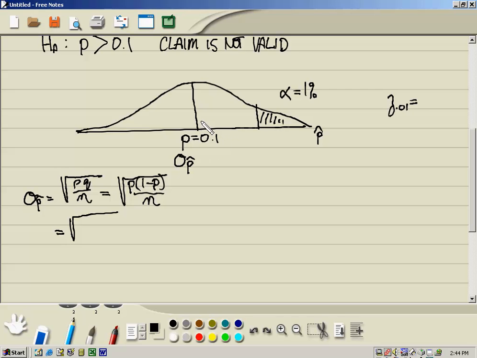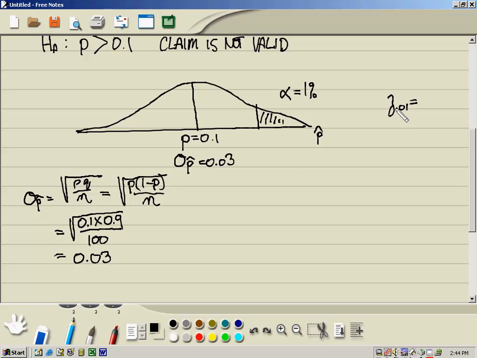The p comes from the middle of the sampling distribution here, so that's 0.1, times q, or 1 minus p, its complement, which is 0.9, right, 1 minus 0.1 is 0.9, divided by a sample size of 100, square root of the whole thing, and that's exactly 0.03. So we have the standard deviation of this distribution.